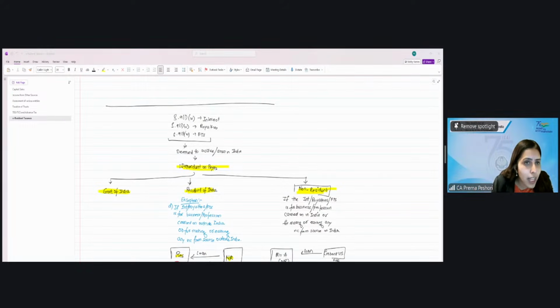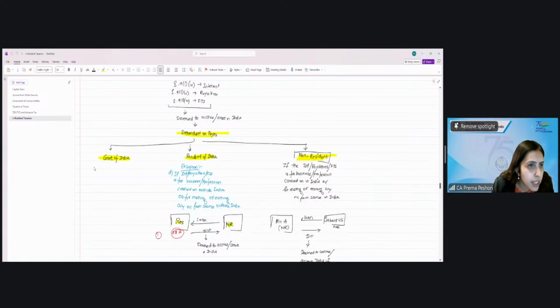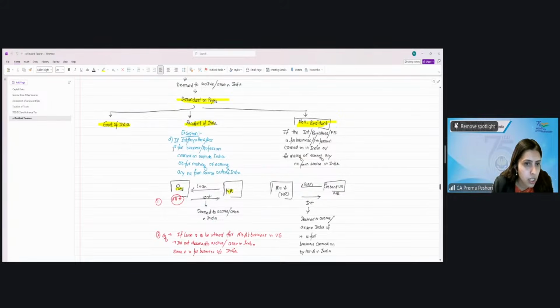Similarly, in the case of royalty, royalty shall be deemed to accrue or arise in India on the same basis. Okay. And the same goes with the fees for technical services.